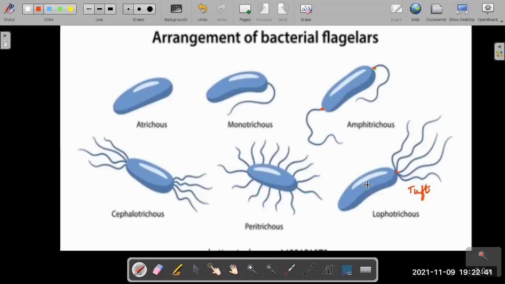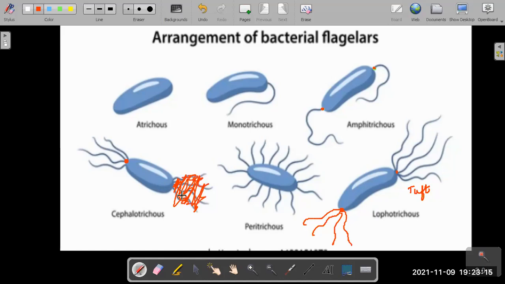Usually when it comes to lopho, they are present at both ends. Okay, this is a little wrong here, this picture. They're present at both ends, and this is present only at one end. So cephalo means a tuft is present only at one end. Lophotrichous is when they have tufts at both ends. Or else you can change cephalo to lopho and lopho to cephalo; you can draw this out.